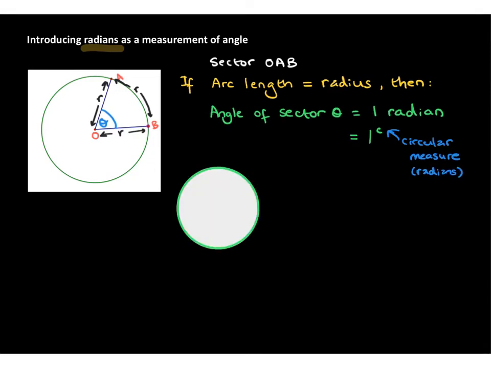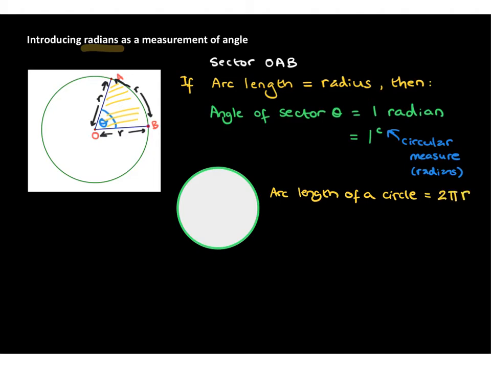Now, instead of just thinking about a single sector like this, let's expand the idea to a whole circle. Essentially, imagine expanding that angle theta so it rotates all the way around and your sector becomes a whole circle. What's the arc length of a circle? Well, it's equal to the circumference of that circle, which is equal to 2 pi r.